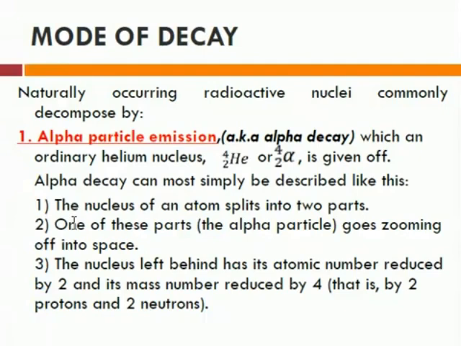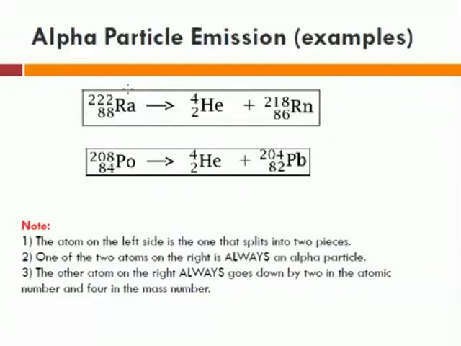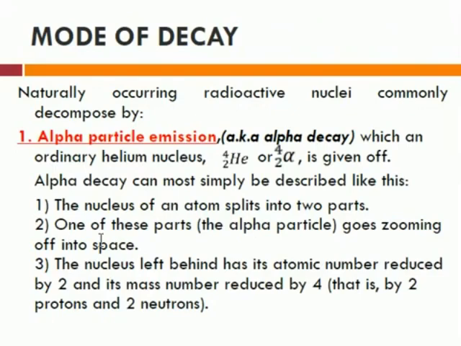Number one, the nucleus of an atom splits into two parts. So, for example, in the reactant side we have this one, and on the product side, the original is split into two parts: the alpha particle and the other part here. Number two, one of these parts, the alpha particle, goes zooming off into space.